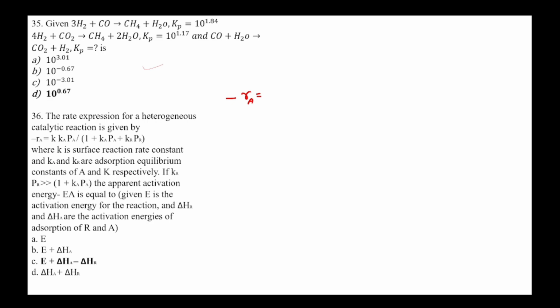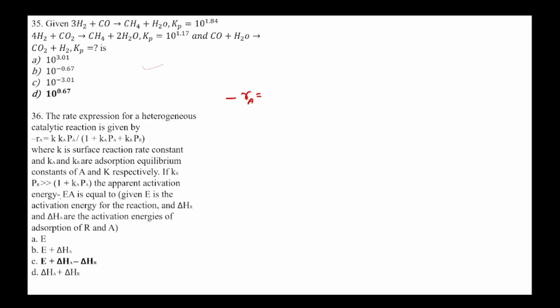The rate expression for a heterogeneous catalytic reaction is given by this, where K is the surface reaction constant and KA is the adsorption constant. If KR PR is greater than this particular term, we have to find the apparent activation energy Ea.